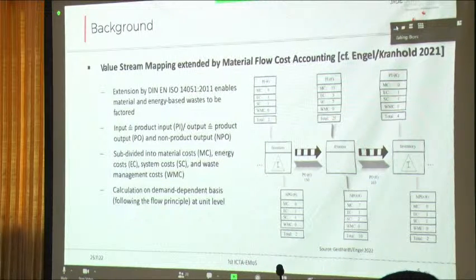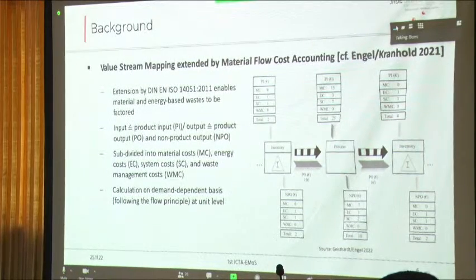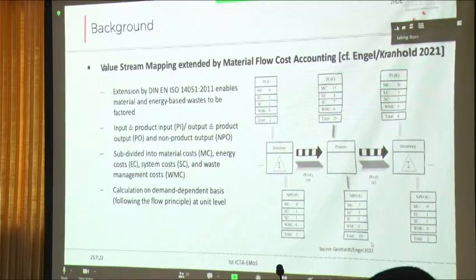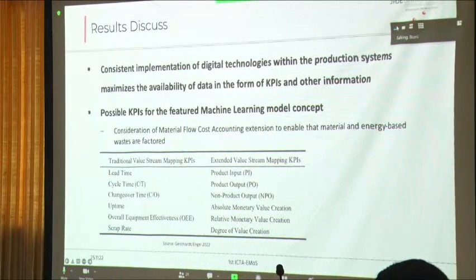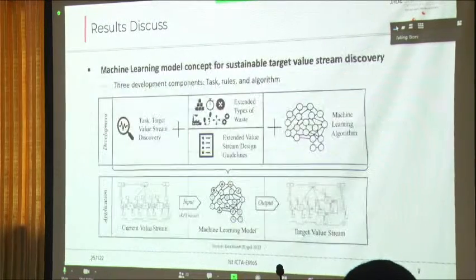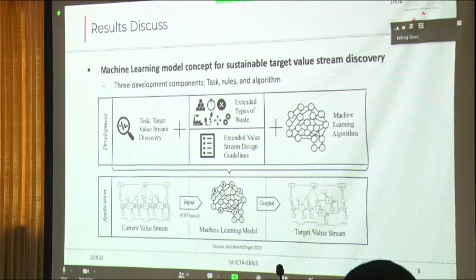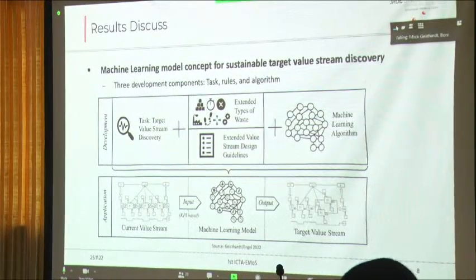So the difference is adding it to the traditional value stream mapping to the extended one, actually this is what you intend to do, right? And to point out the difference, bringing machine learning approaches in it, and having this additional value out of it. This might be in fact the difference to the existing approaches. But you have to demonstrate it. Am I right?